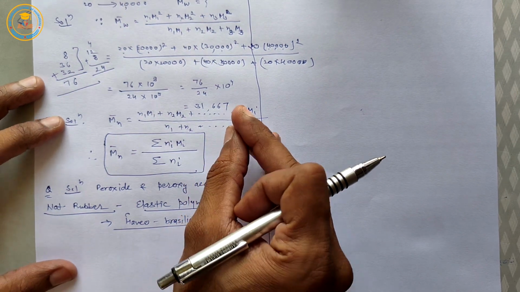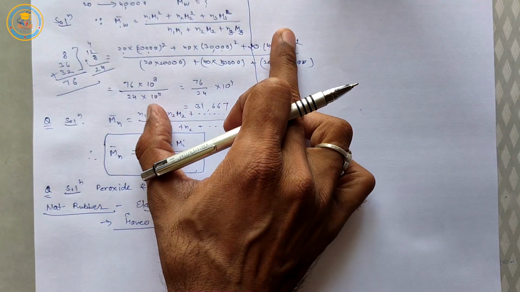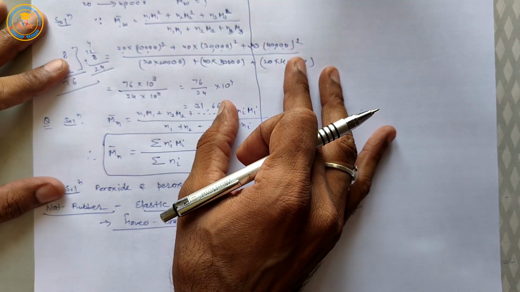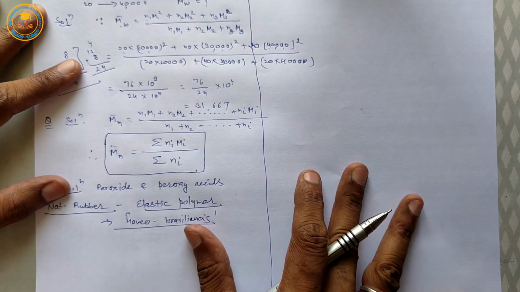After homopolymerization of isoprene monomer units, polyisoprene is obtained.